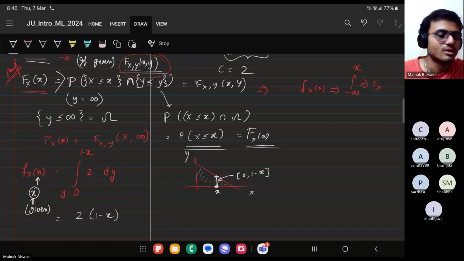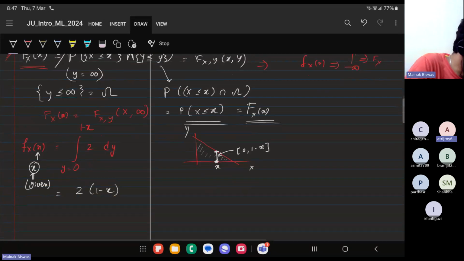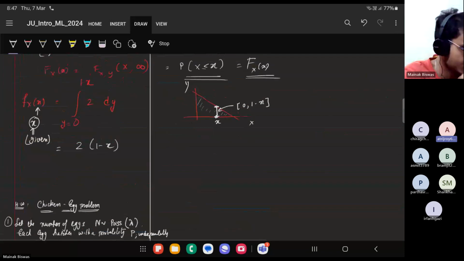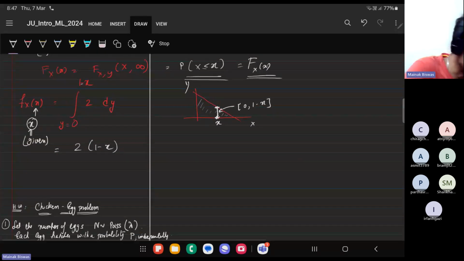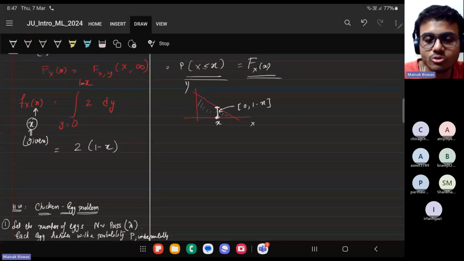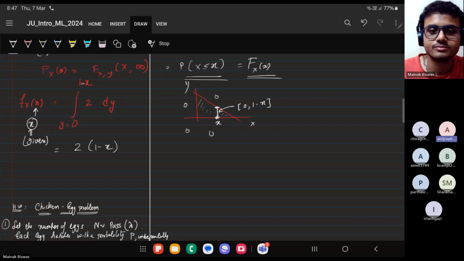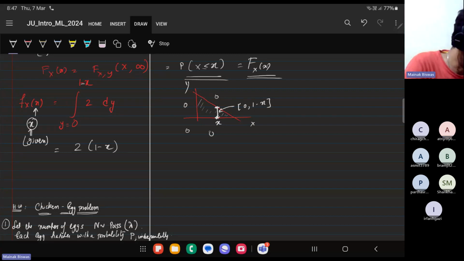So now we have found the marginal. Here we are excluding the infinity part because we know that beyond that it is 0, just as we do in the normal uniform distribution. The density is 0 everywhere else.